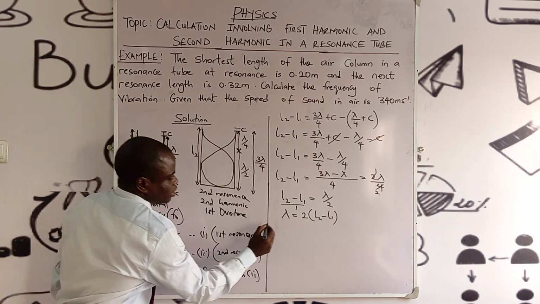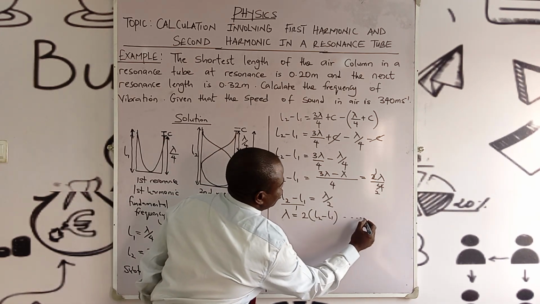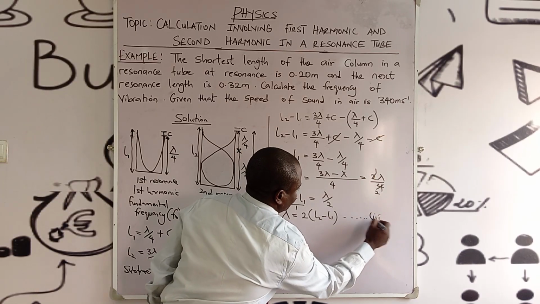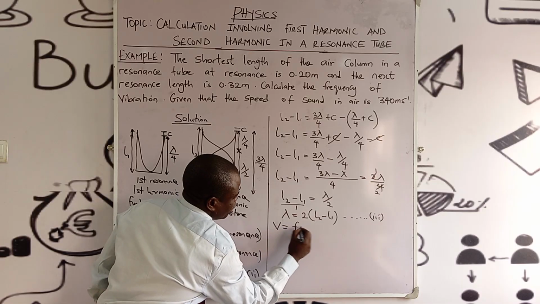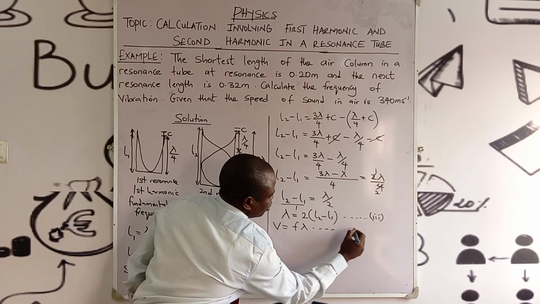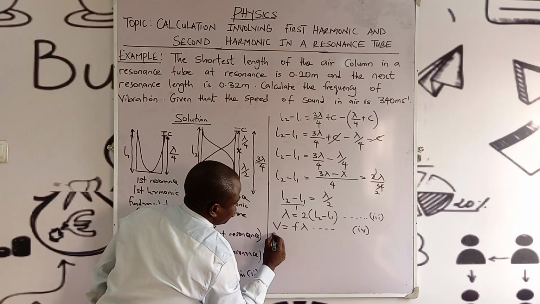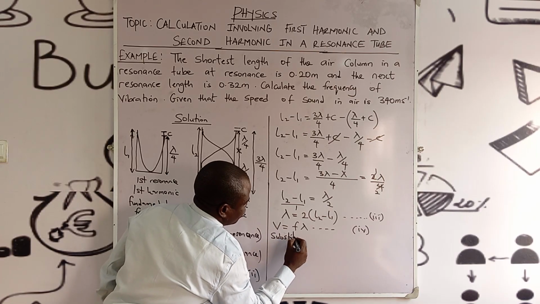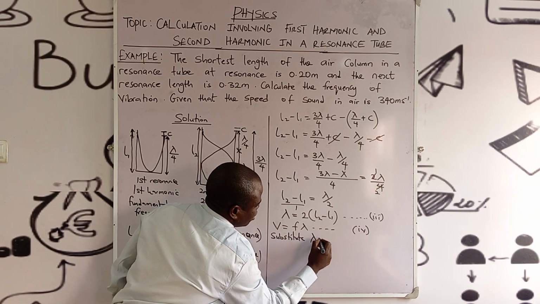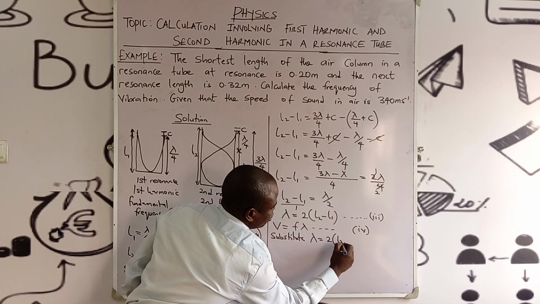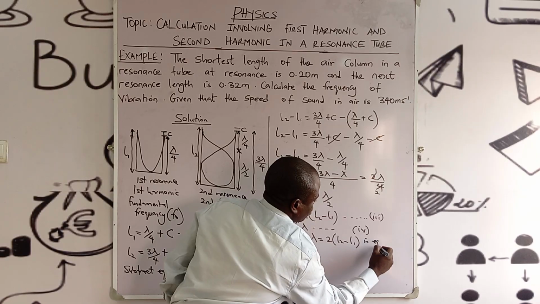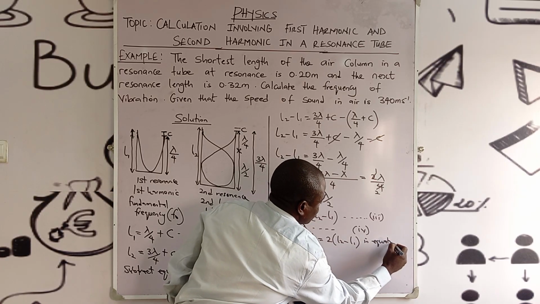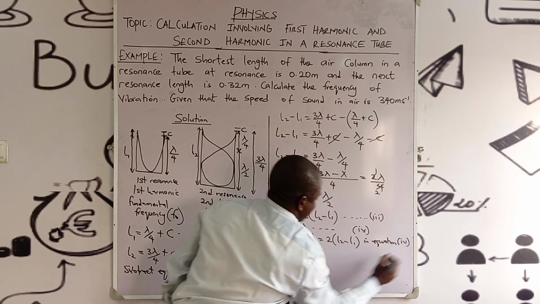Okay? Now, let's see the general formula. Let's call this one equation 3. I can say V equals F lambda. This is equation 4. Substitute lambda equals 2 into L2 minus L1 in equation 4.